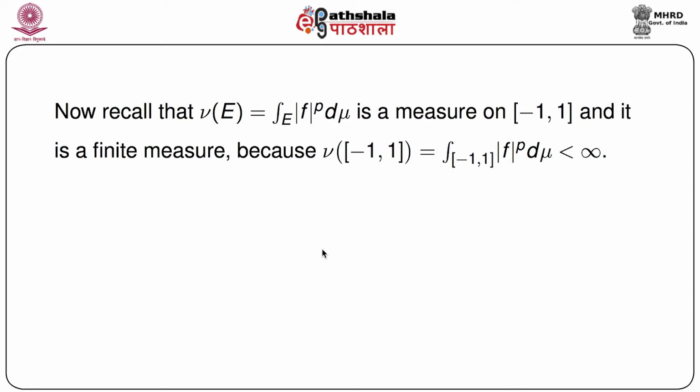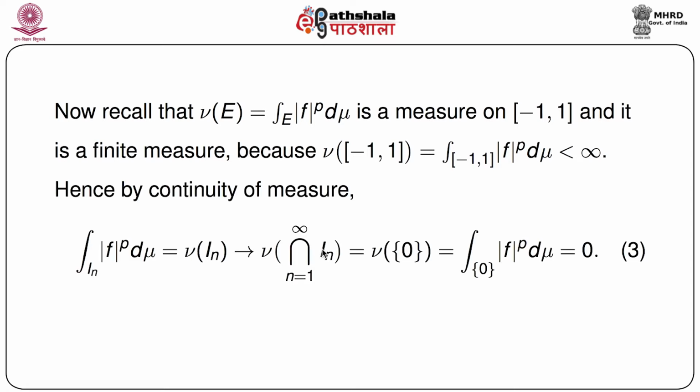Nu of E itself is a finite measure given in terms of an integral with respect to dμ, the another measure μ. Hence, since it is a measure, we can apply the continuity theorem for measure, which gives us integration over I_n of |f|^p dμ, which is nothing but nu of I_n, because here E is nothing but I_n.